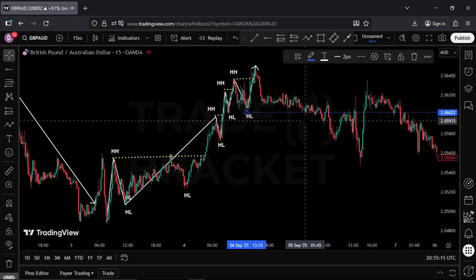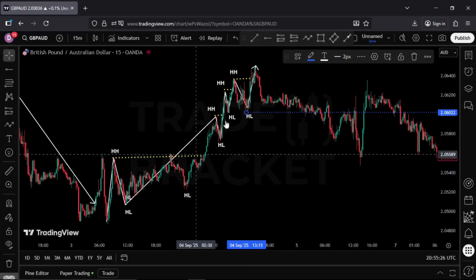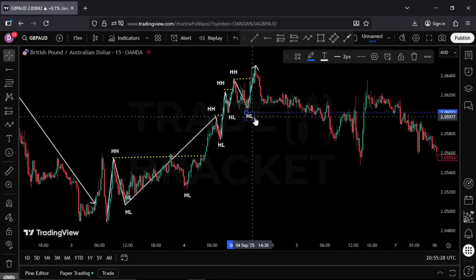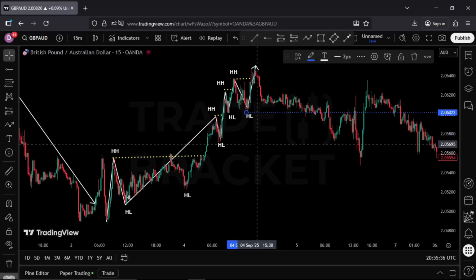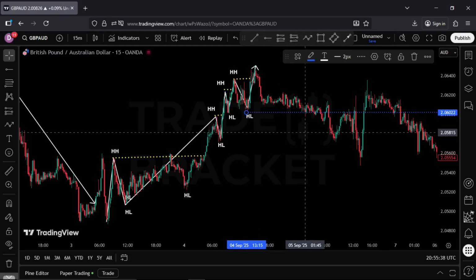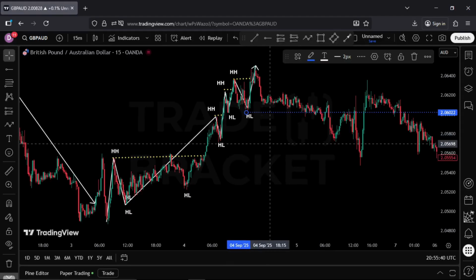Okay, so we got the break on the 5th September 2025, 45 minutes past 1. Okay, as you can see, the structure forming and the break of the last higher low in this case takes some time, and that's the reason why you want to use alerts, because you don't want to be sitting on your chart the whole day waiting for this structure to form.